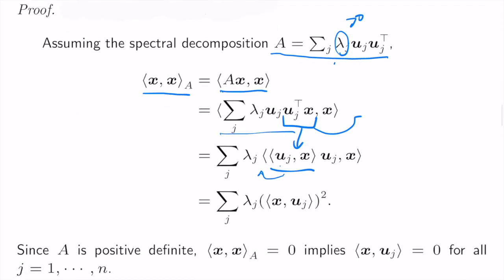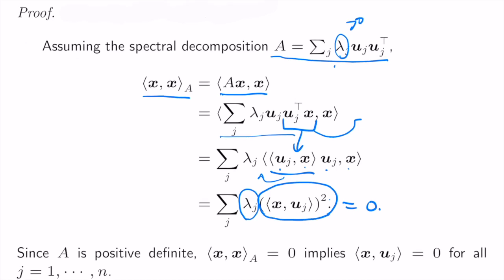Now we have uj times x and uj times x, so it's lambda j times uj x squared. Therefore, this is always positive or 0, but since we are assuming all of the lambda j's are strictly positive, if this is equal to 0, that means this must be equal to 0.